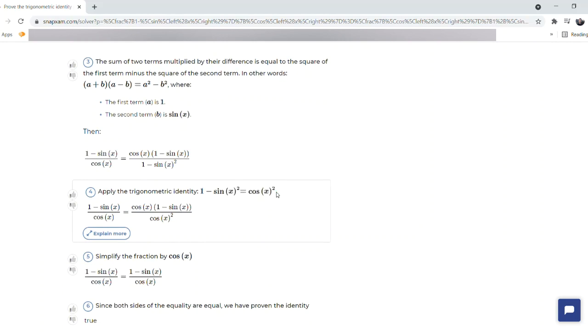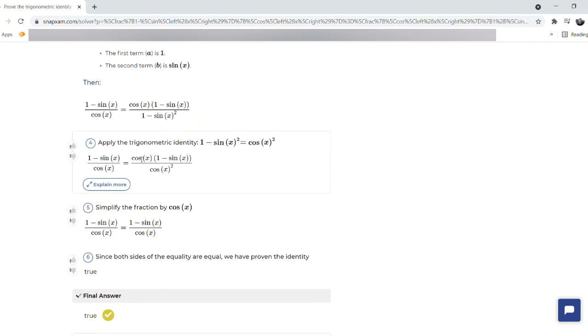Then we proceed to cancel the cosine in the numerator with the cosine squared in the denominator, and we end up with 1 cosine in the denominator, and we have reached our answer.